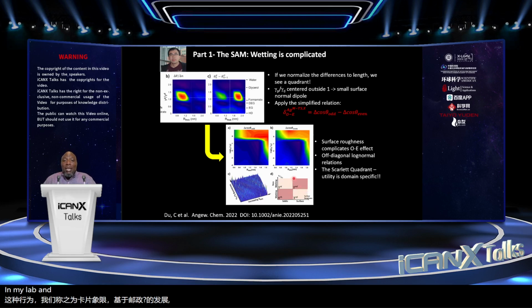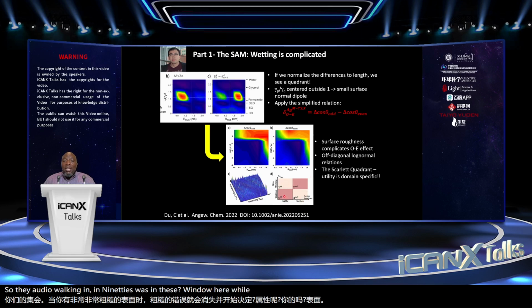And what we believe is that when you have very, very smooth surfaces, the SAM is dominating the property of your assembly. And when you have very, very rough surfaces, the roughness takes over and starts dictating the properties of your surface. So the earlier work in the 90s was in this window here, while the smoother surfaces are starting to show us what is happening on this side.